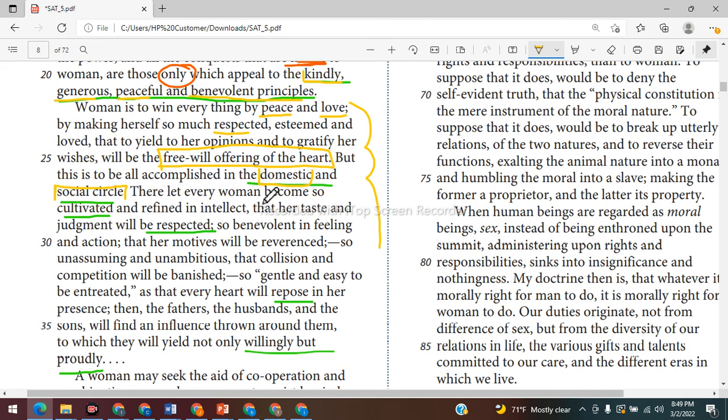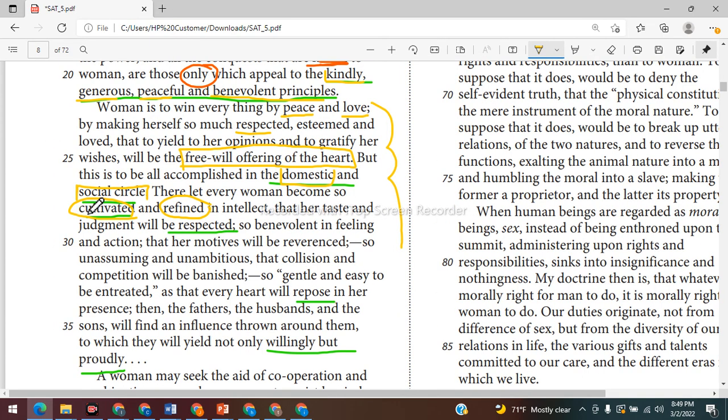There, let women become so cultivated. I love this. Cultivated and what? Refined. Right? You ever saw someone who was cultivated and refined? You know them. You know what those words mean? Cultivated and refined. Those are powerful words. They are cultivated. That means you ain't afraid to take them out. They are mature. Right? They are refined.